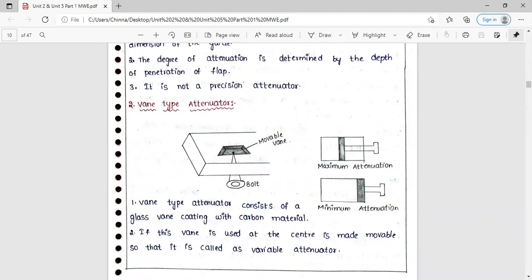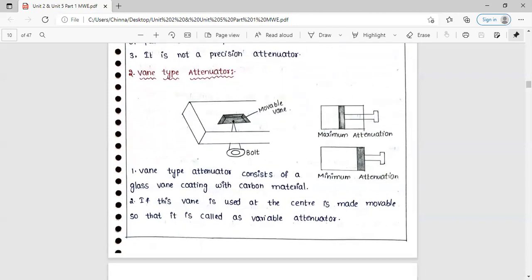The vane type is also used at the center and made movable so that we can consider it a variable attenuator. The carbon material will be placed across the center, and it will be movable by using a knob, and based on that it is called a variable attenuator.